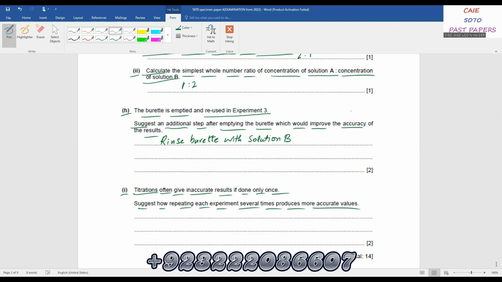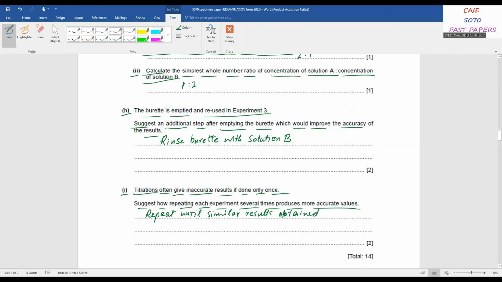So repeat until similar results obtained. Calculate mean of similar results.